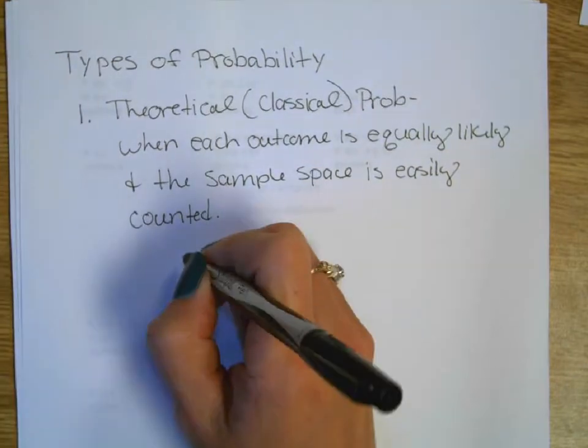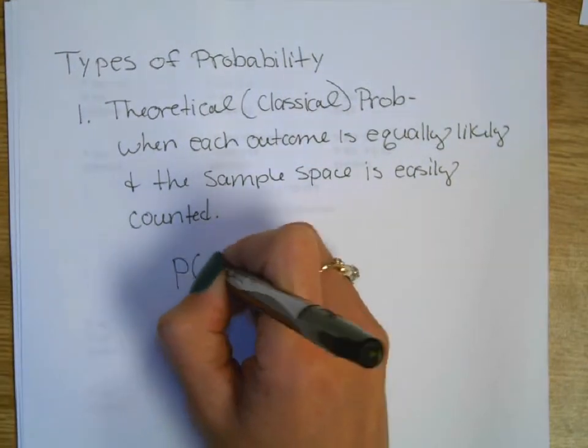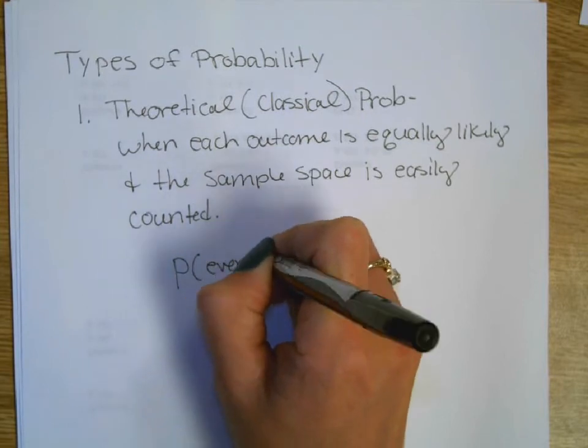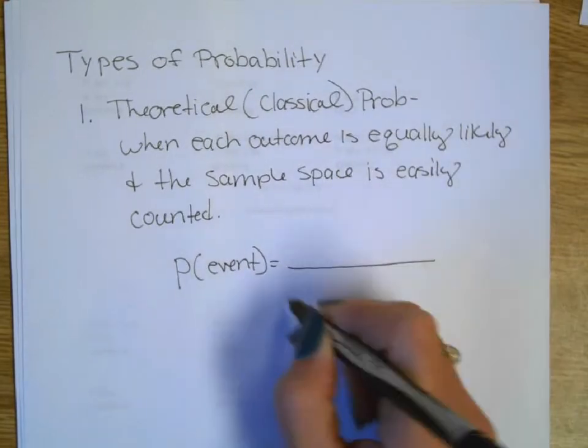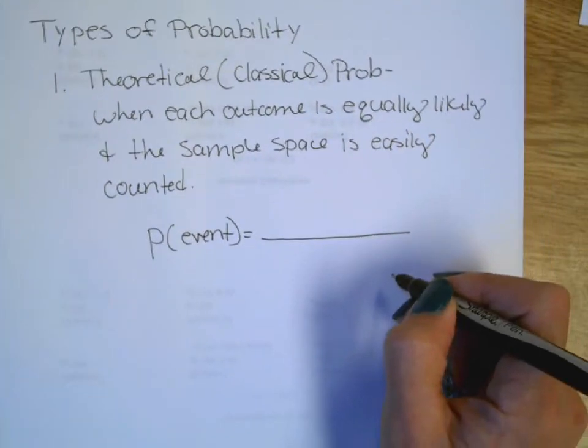So, when we do theoretical probability, the probability of some event happening, your bottom number is always how many outcomes are in the sample space.